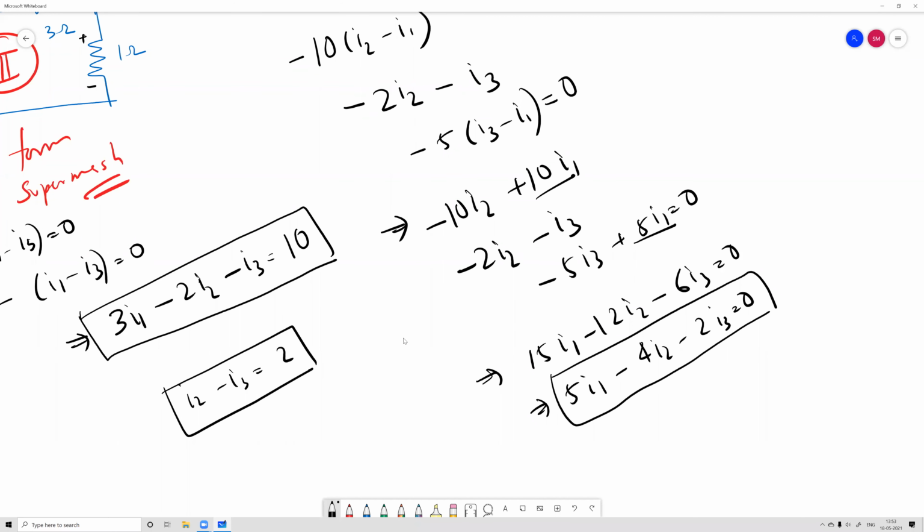If you solve it, probably you will get I1 equal to 20 amps, I2 equal to 17.33 amps, and I3 equal to 15.33 amps. Getting this?